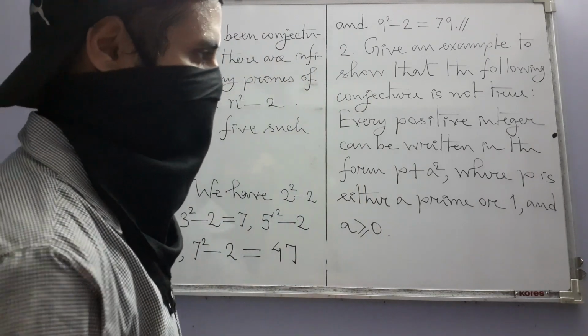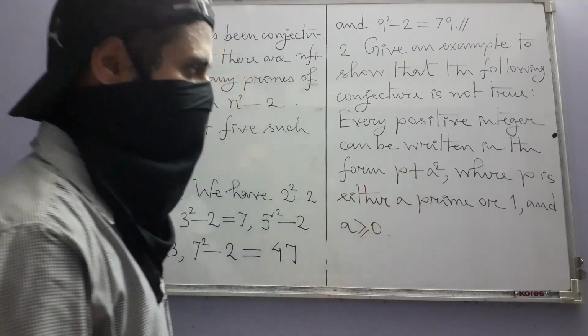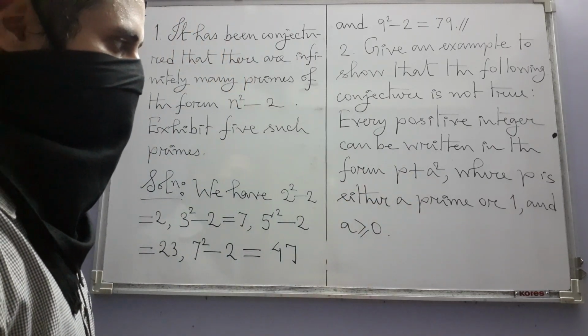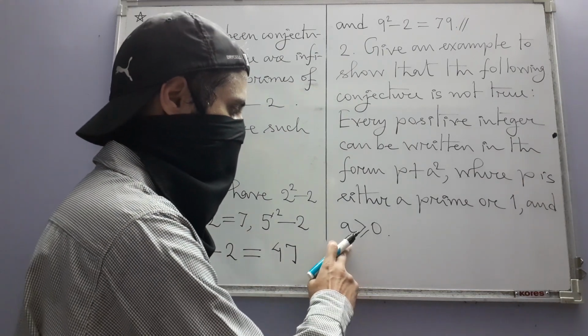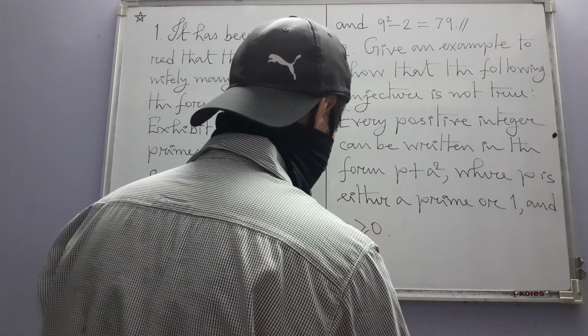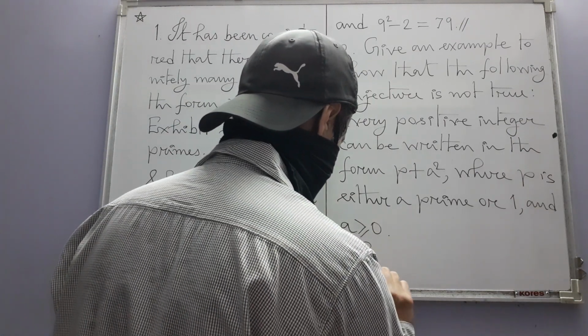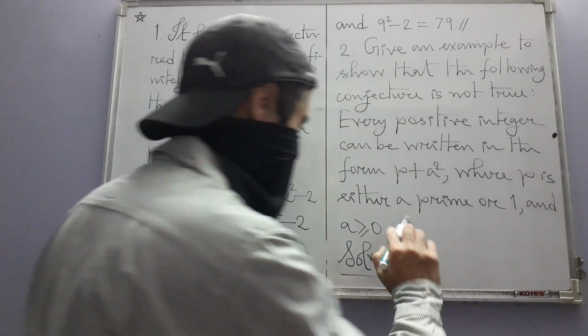The conjecture asserts that every positive integer is expressible in this form, where p is either a prime or 1 and a is a non-negative integer. And the counter example you can take is 25.